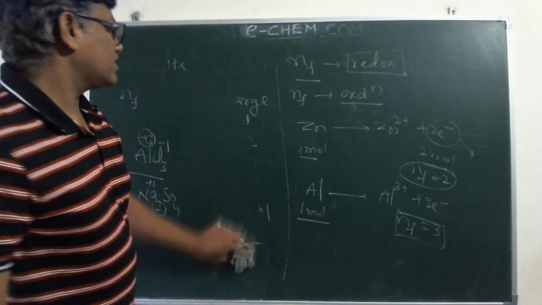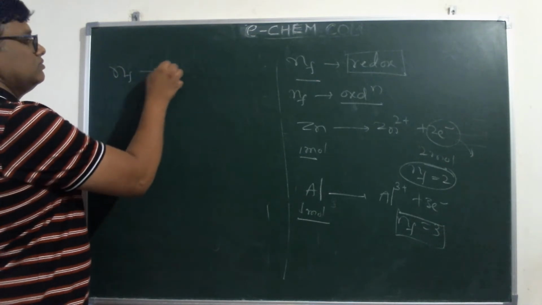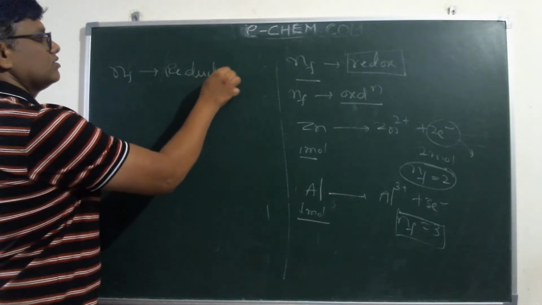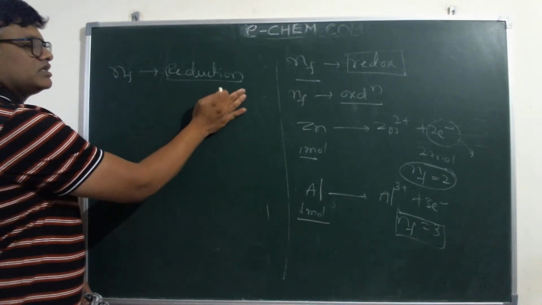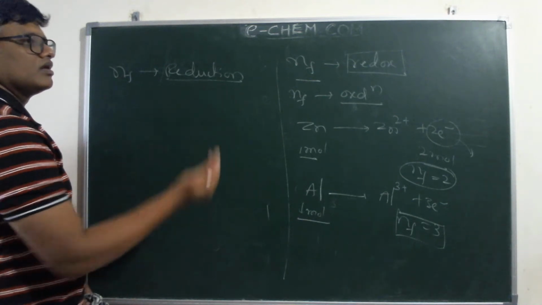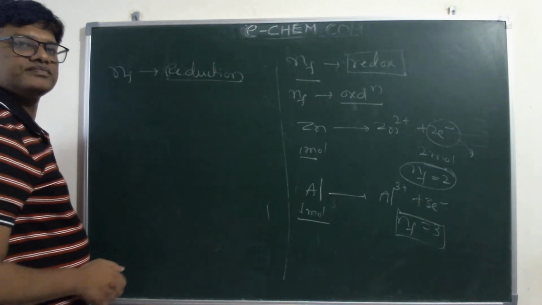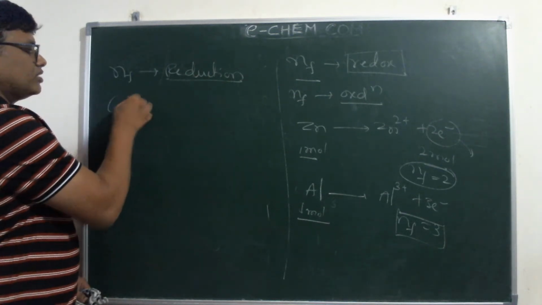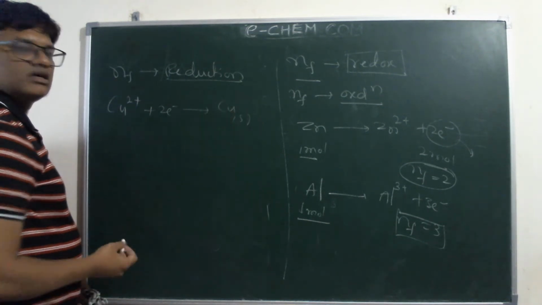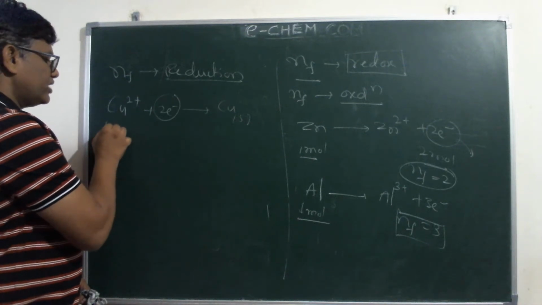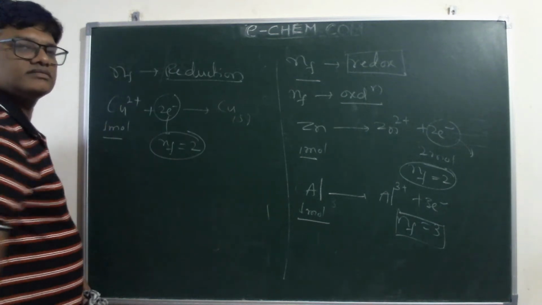Now let's calculate the n factor for reduction reactions. As you know, the reduction reaction is the process in which a component takes electrons and gets reduced itself. For example, I am taking copper 2+ taking 2 electrons and converting into solid copper. The number of electrons taken for one mole of the compound has to be taken as the n factor, so the n factor will be 2 for this case.